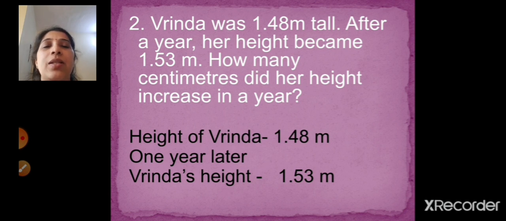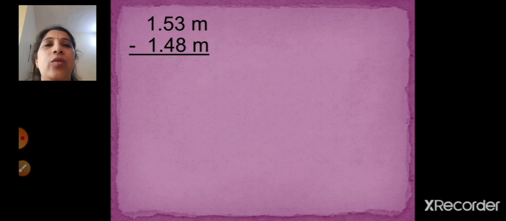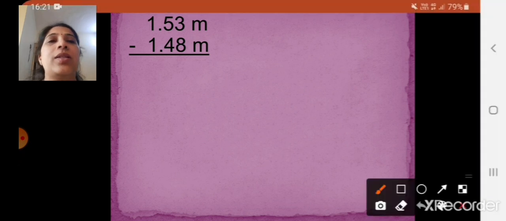So which number is larger? 1.53 meter. Right? So when we are carrying out subtraction, we will take 1.53 first, and then you will minus 1.48. Right? Now we will carry out the subtraction.